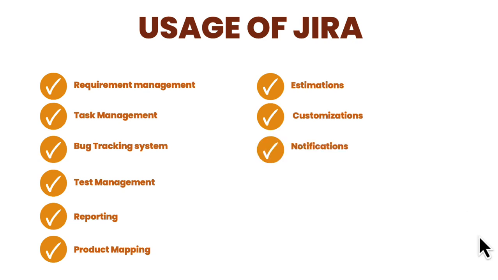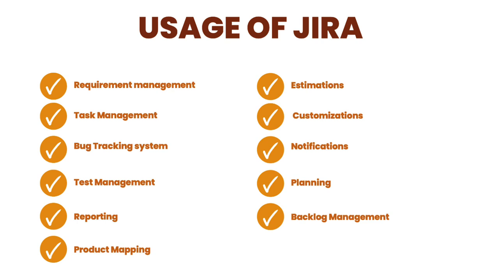Notifications. One can send timely updates and alerts to keep team members informed about task assignments, updates, and deadlines. Planning. Jira facilitates sprint, release, and project planning within tools that help organize tasks, set priorities, and define timelines.